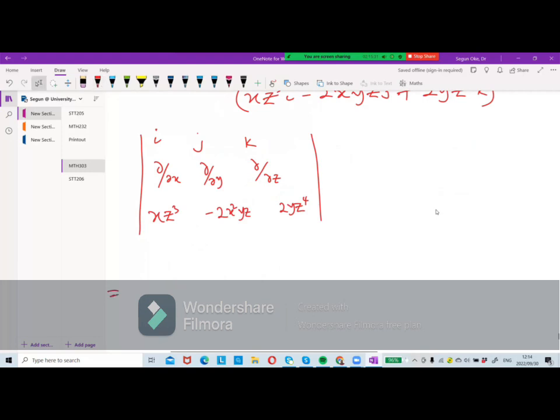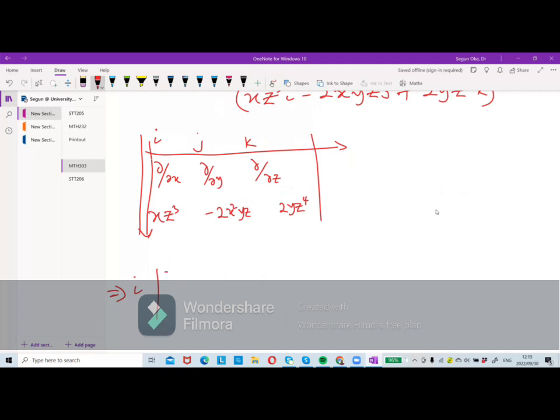So we can go ahead by saying i. If you want to solve for the i, we have it this one way. This one will go, this will go, and this will follow.